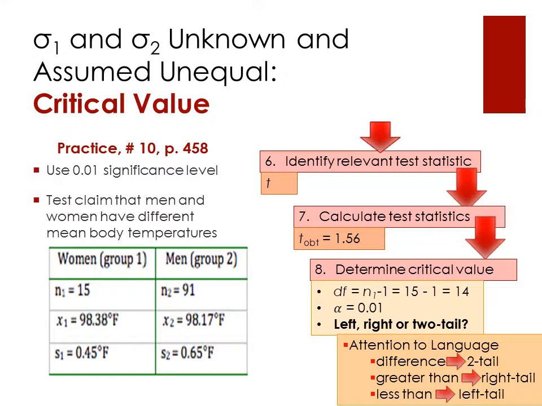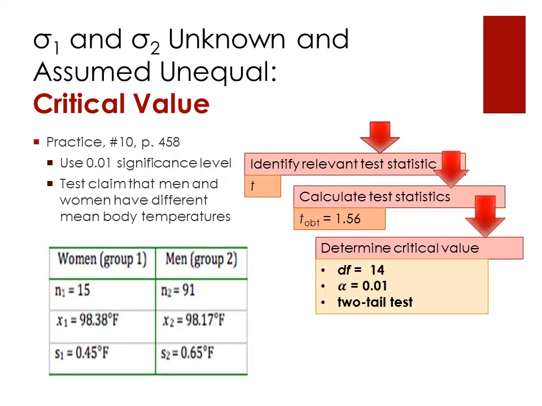And for those individuals that are finding it difficult to assess which particular type of tail test you're solving, I suggest you put this explicitly, same thing as I have it here, into your notes to help you make sure that you're able to correctly identify which type of tail test you have. So using this language here, what type of tail test do we have that we're solving? A left, a right, or a two-tail? We will be solving for a two-tail test.